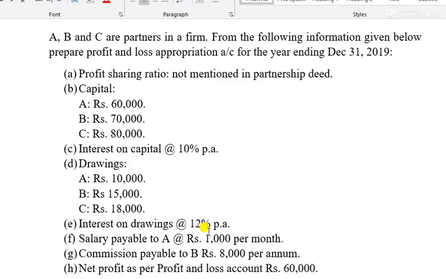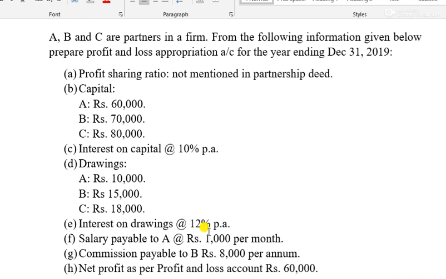Now another remuneration is commission payable to B, which is 8,000 per annum. So please don't multiply 8,000 by 12 because it's already given per annum. In the last one, which is salary, we multiplied the figure by 12 because the salary was given per month, and we have 12 months in a year, so he was given salary for each month, which means 1000 into 12.